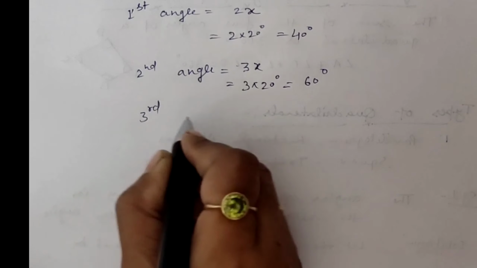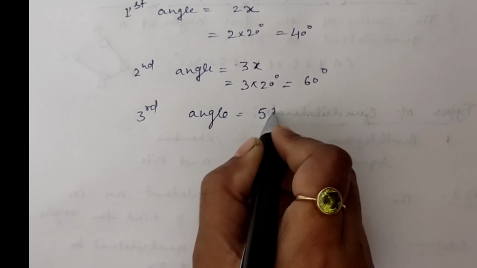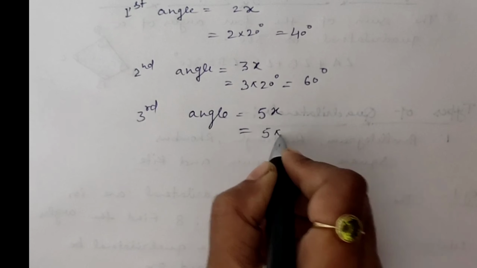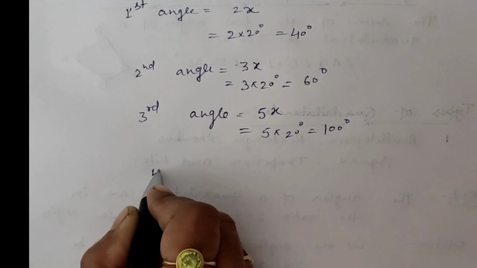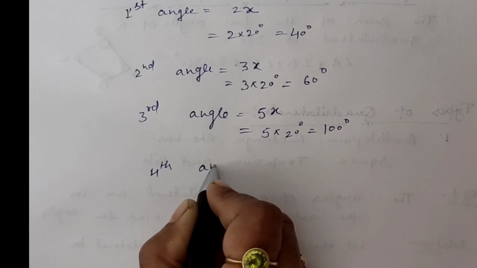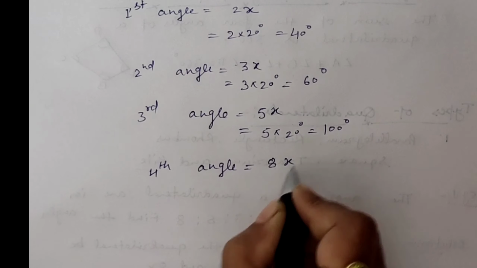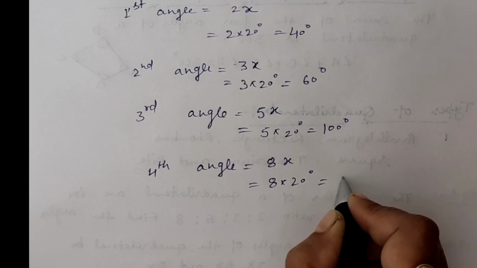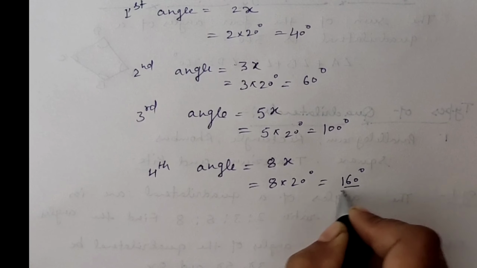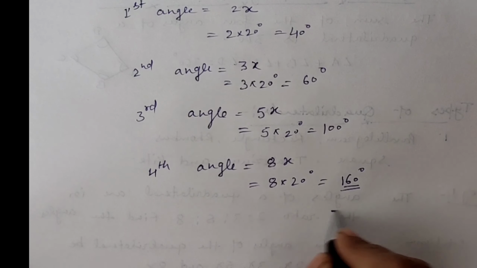Third angle is 5x, means 5 into 20 degrees is equal to 100 degrees. And fourth angle is 8x, means 8 into 20 degrees, that is 160 degrees. So these are the four angles of this quadrilateral.